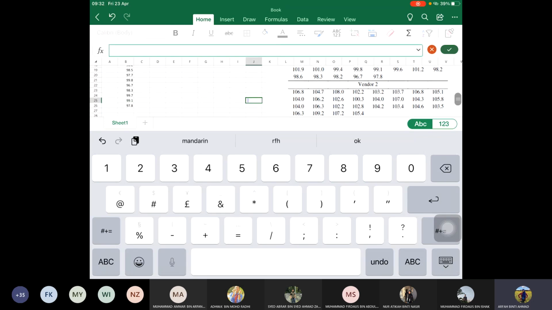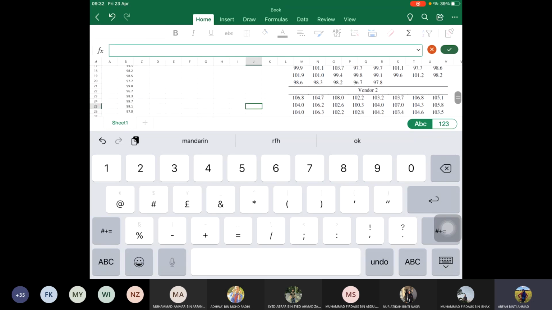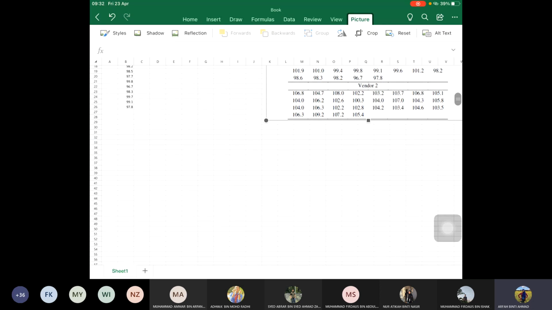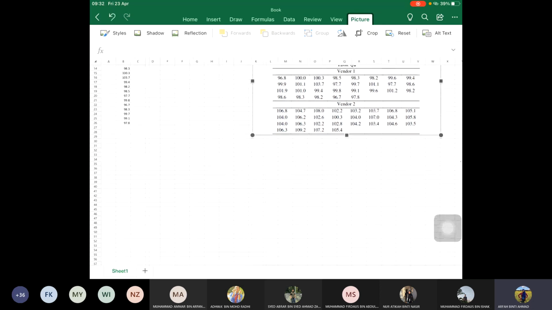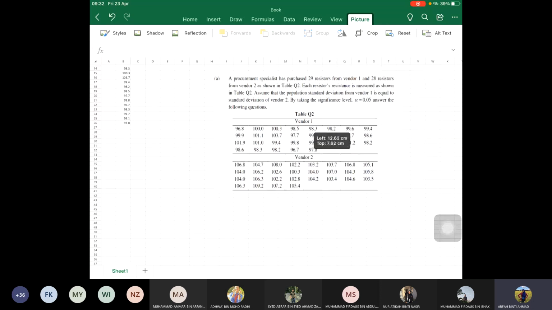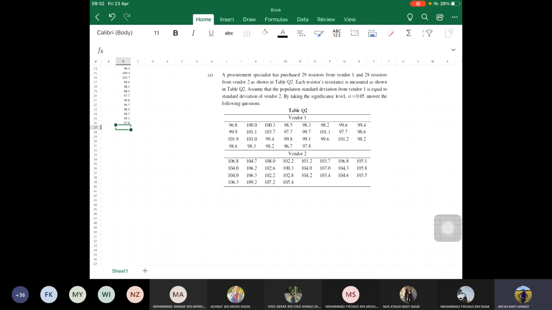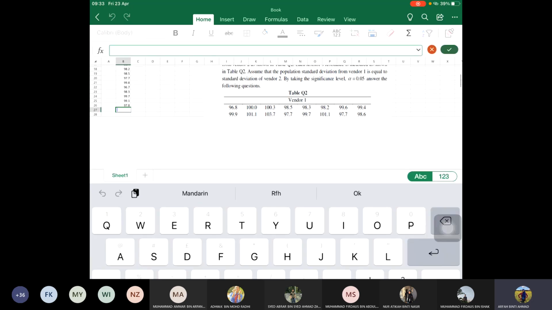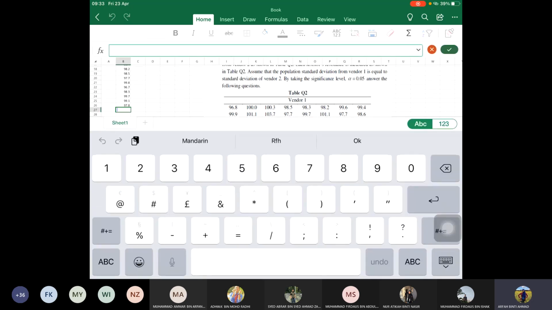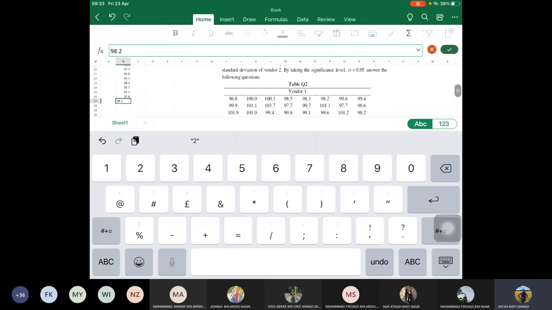Then what are the data that we have? 98.2. So I should bring this downward. 97.8. And then we have 98.2. 98.2. 101.1.